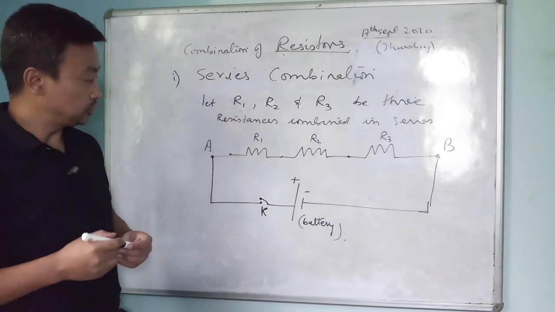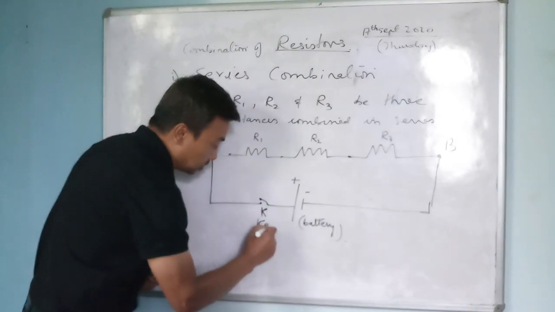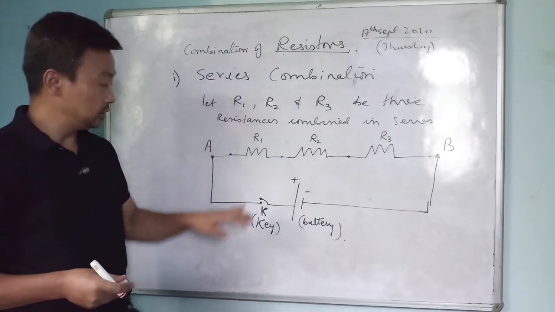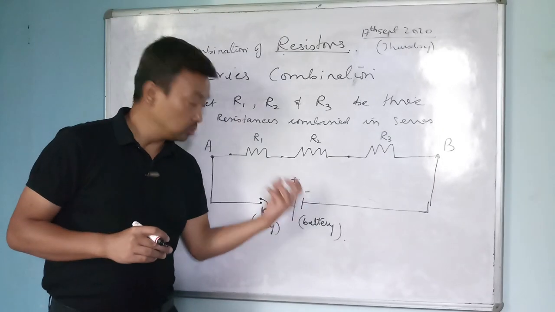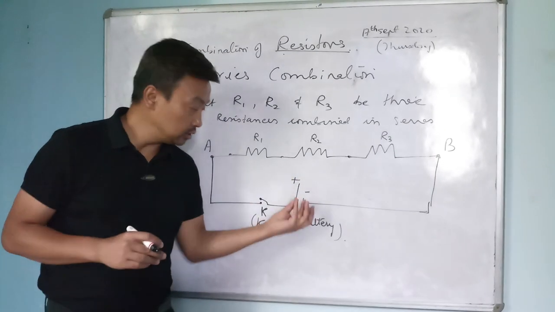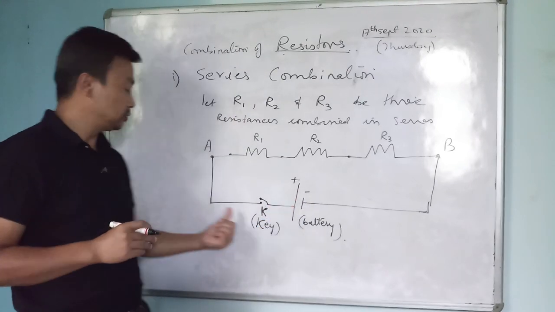Now what happens is, when this key is closed, that means when it is connected, the circuit is closed or it is a complete circuit from the battery. Now what is the main purpose of the battery? To draw the current. So that current will start flowing from the positive terminal.